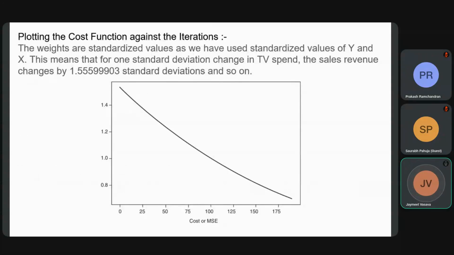So when we do it, you can see the cost on the y-axis and the number of iterations on the x-axis, and with the number of iterations, the error is also going down.